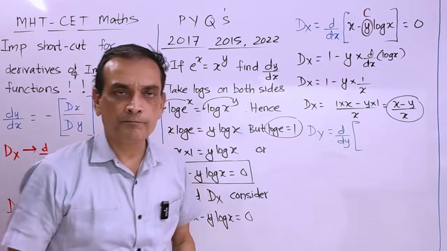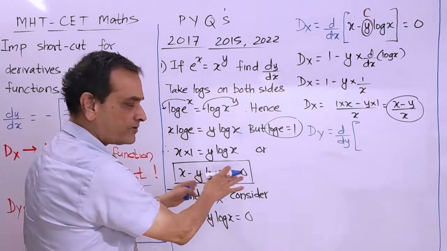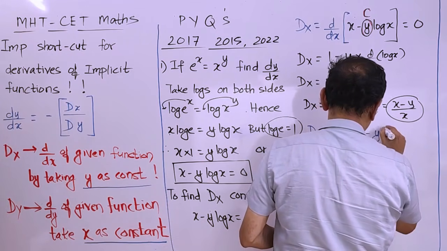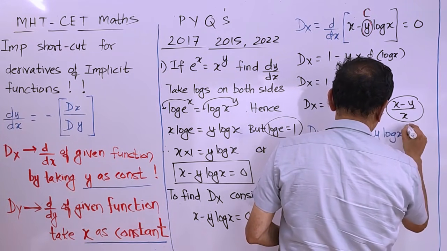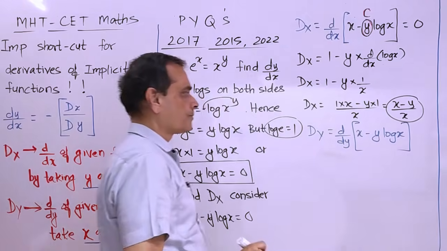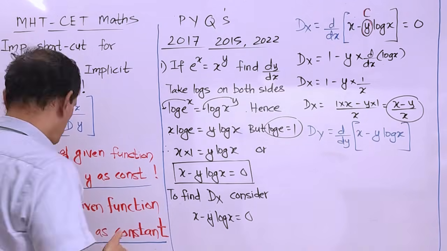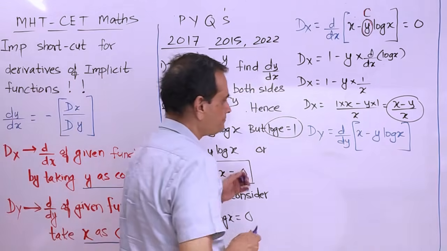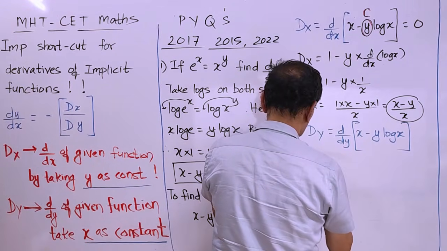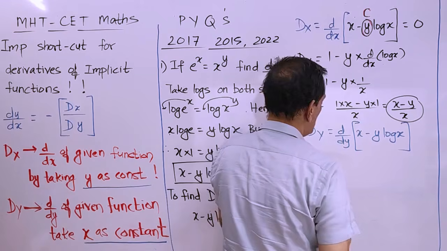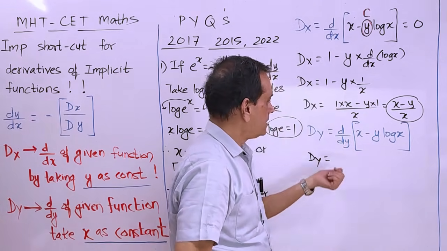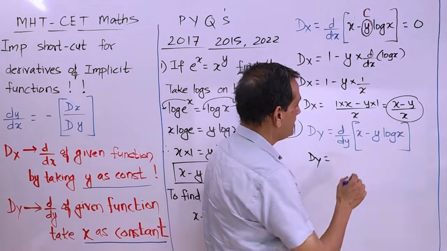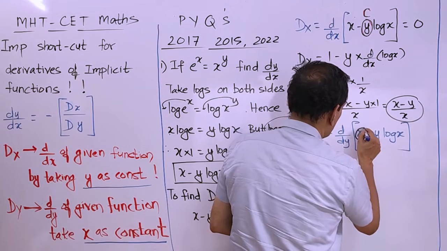d by dy of the left hand side, forget about 0. Let us find out. Brackets open. d by dy of x, now important thing: x is taken as a constant.